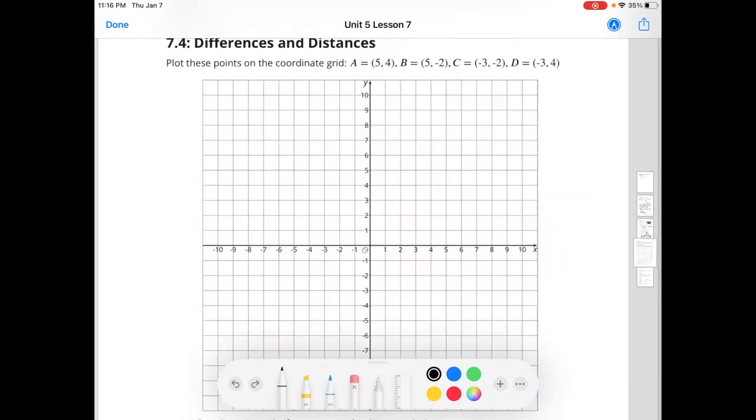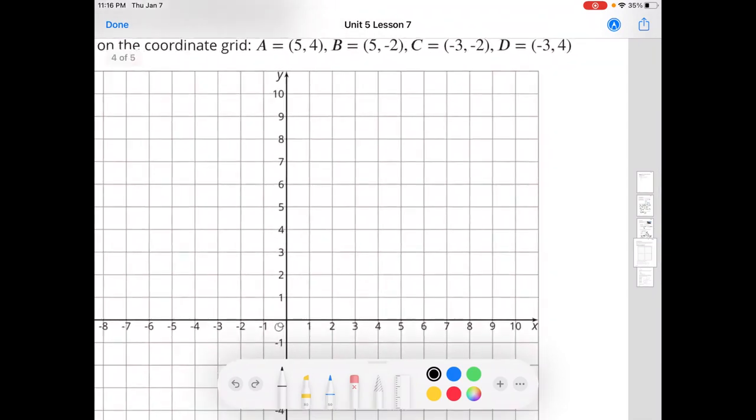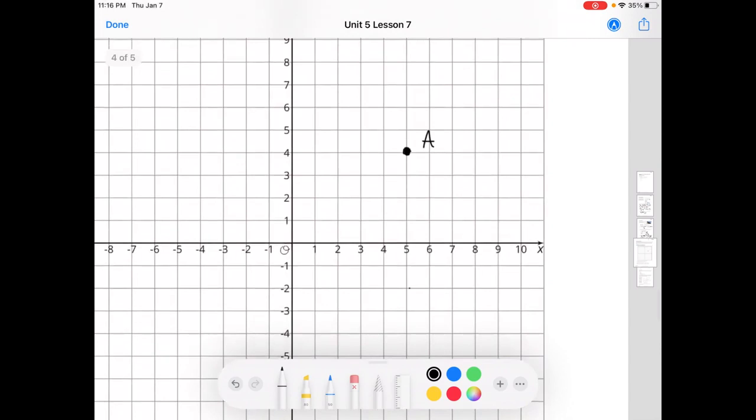Okay, differences in distances. So it wants us to plot these points on a coordinate grid. So for point A, it wants us to have an x value of 5 and a y value of 4. So that would be right here. And I know that's point A. Point B is at x of 5, but my y is at negative 2, so that would be right here.